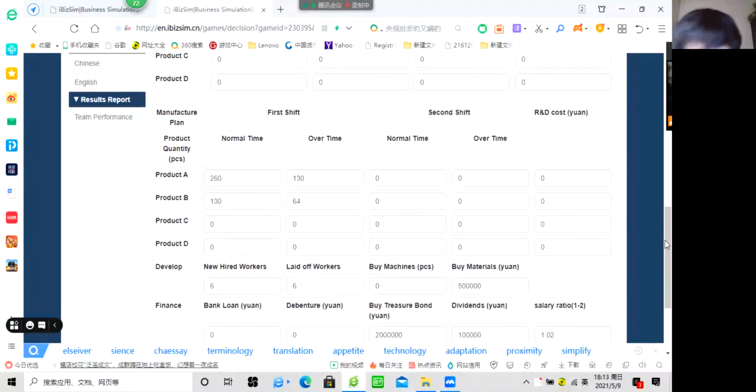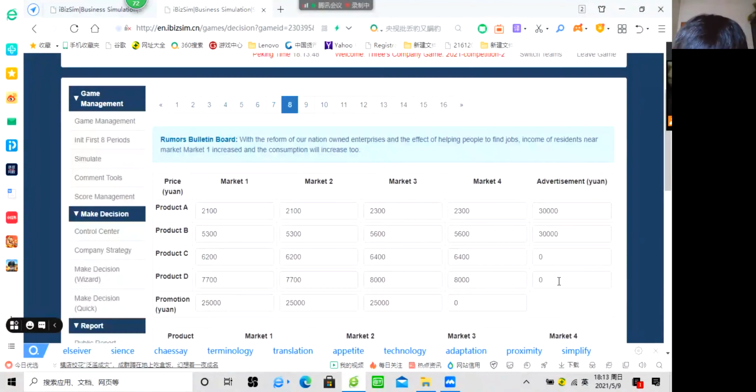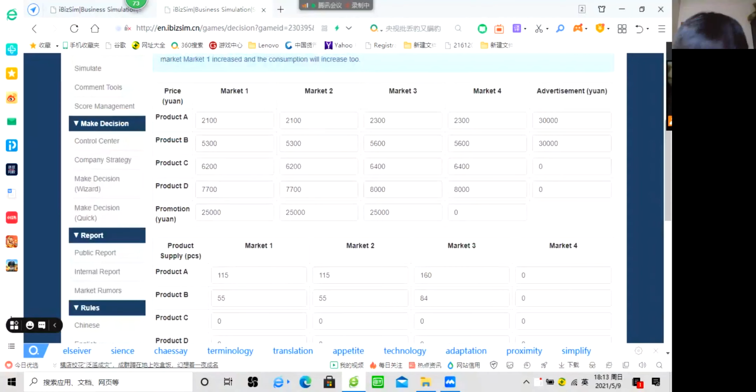So that means we have different warehouses. In each market we have a warehouse. For product A, we have a warehouse. For product B, we have a warehouse in different markets. For product C and product D, we have markets.